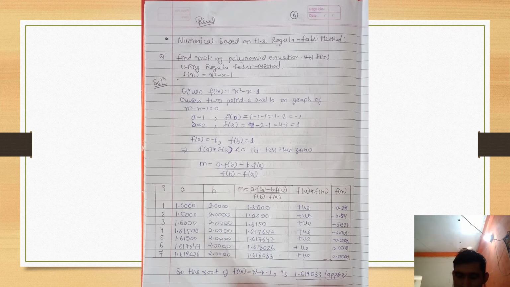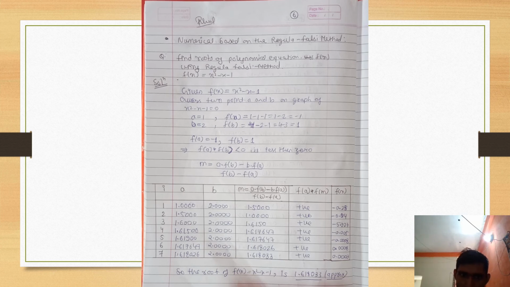Suppose we take the values 1 and 2. You can see in the first iteration the product of f of a into f of m is positive, so a equal to m, the value of a becomes equal to m.